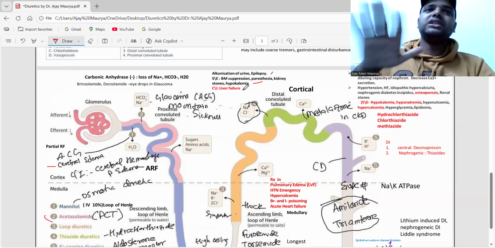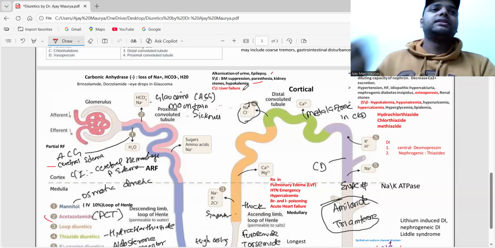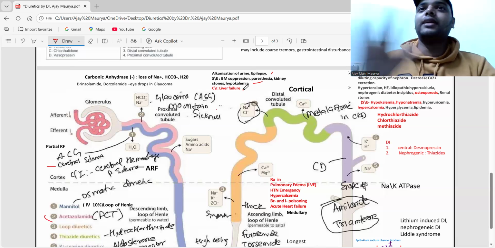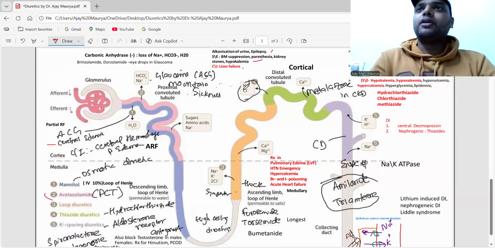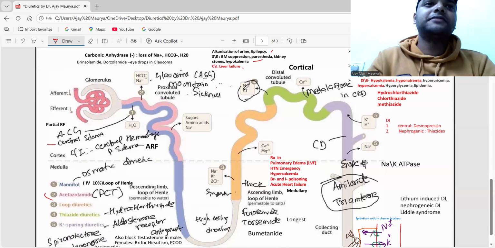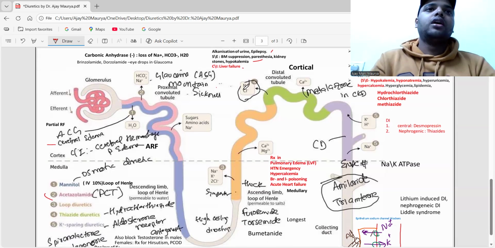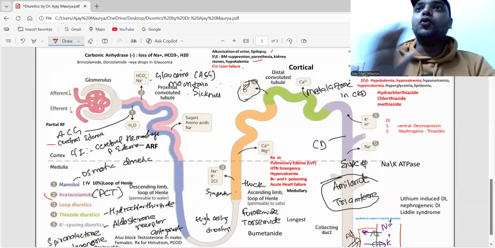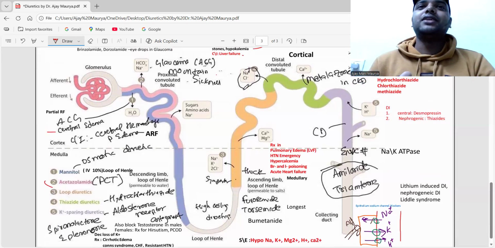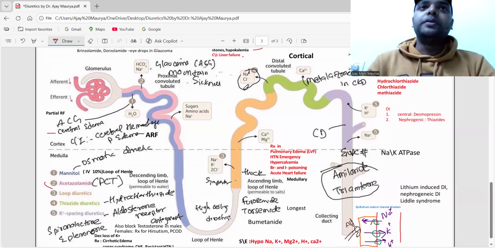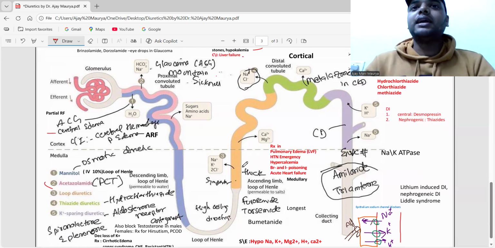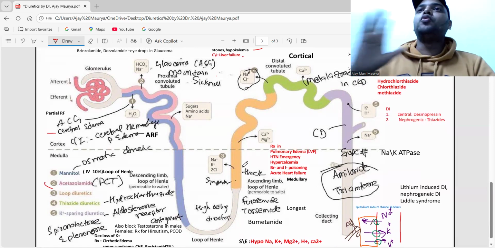Okay, now these are the points you have to remember about the osmotic and carbonic anhydrase inhibitors. Now coming to the specific ones, we have the loop diuretics. See here, where do loop diuretics act? They act at the thick ascending limb of the loop of Henle.